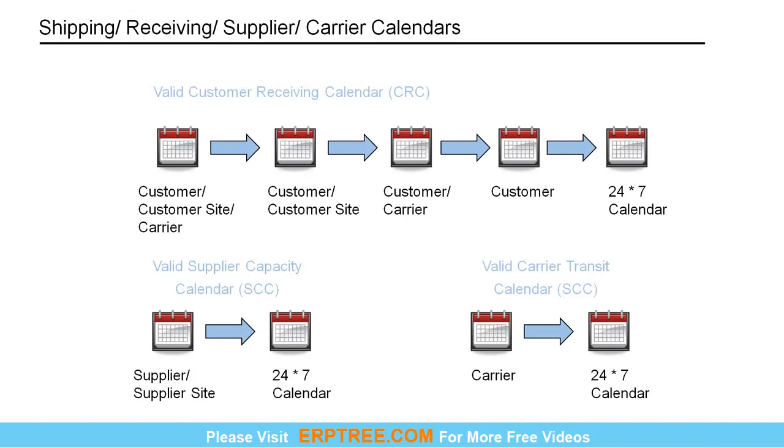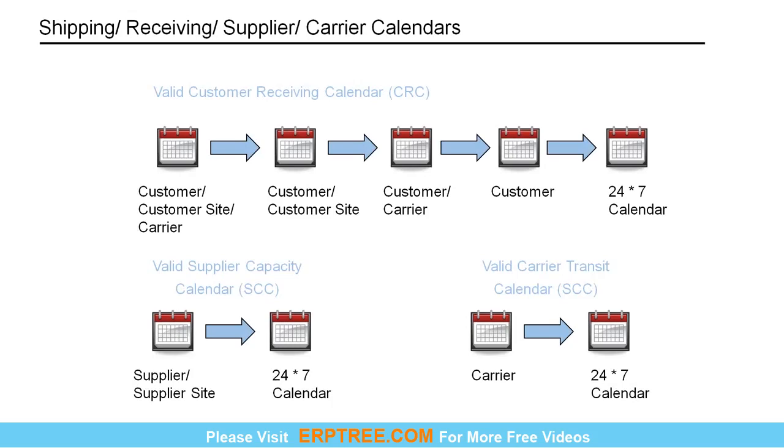It will consider ultimately all the calendars, but the question is in which order, what priority the system will pick. That is what it is showing by the arrow marks.